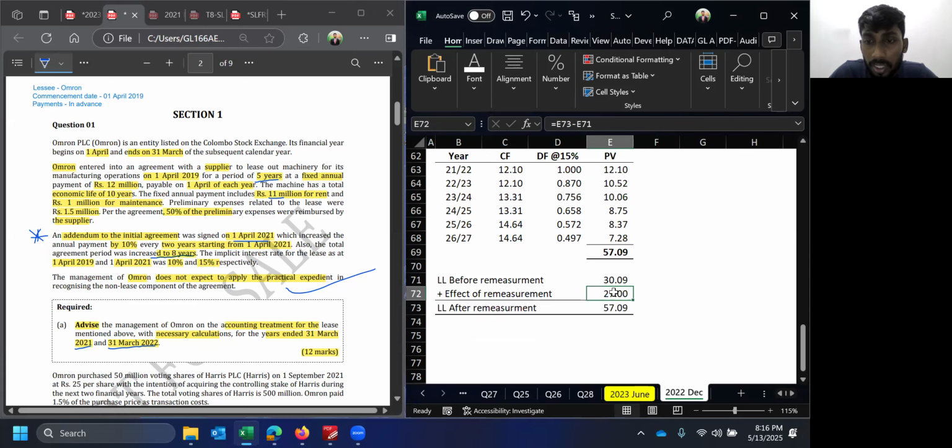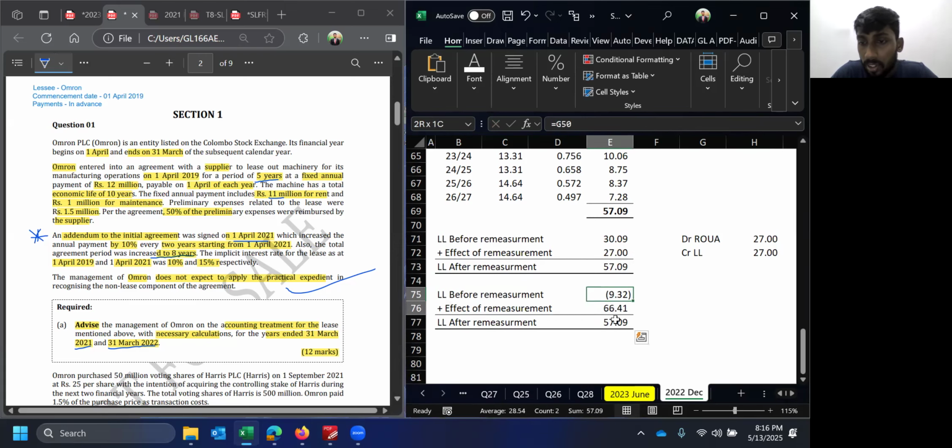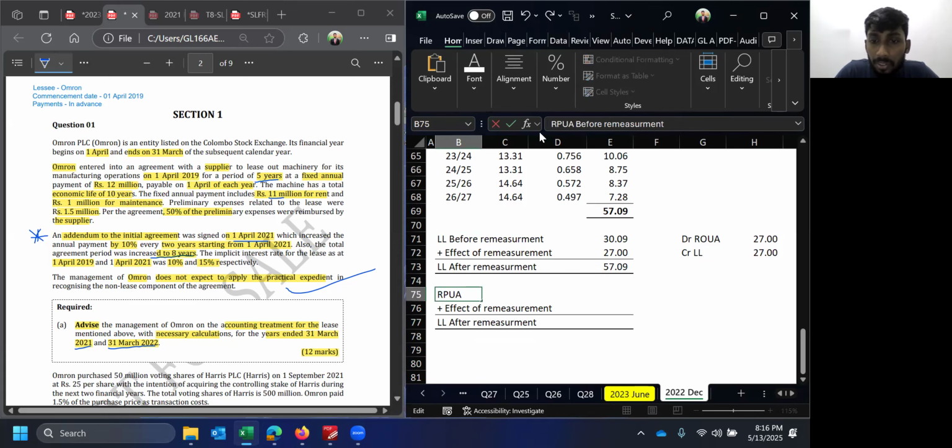So for this one, I have to pass the entry. How to pass that entry? Debit right of use asset by 27, credit lease liability 27. Accordingly, I can get the right of use asset also here.